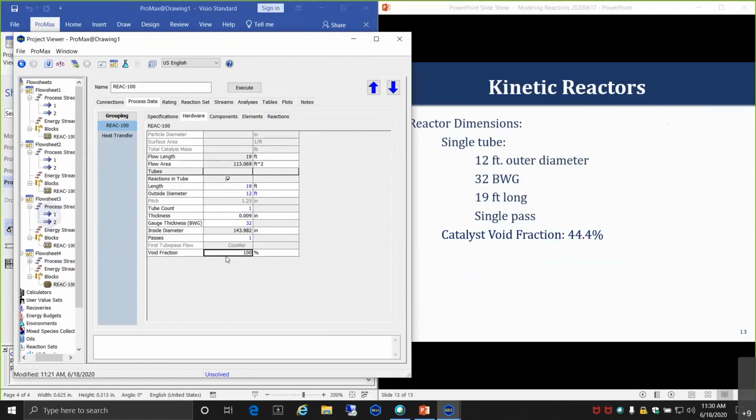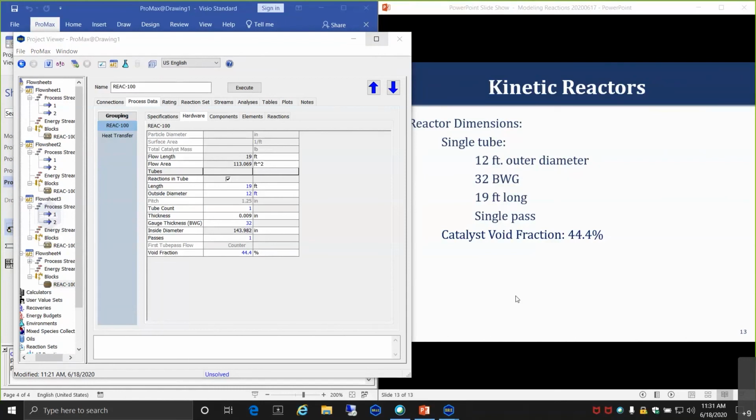We do need to adjust the void fraction. The catalyst void fraction is 44.4%. So the reaction is only going to occur on the roughly 56% of the volume that is not void space. The thickness is required because we're using the inside diameter to calculate the actual volume of the system. The 32 gauge is there to determine how thick things are since we set an outside diameter. So the question was, why is the BWG required?